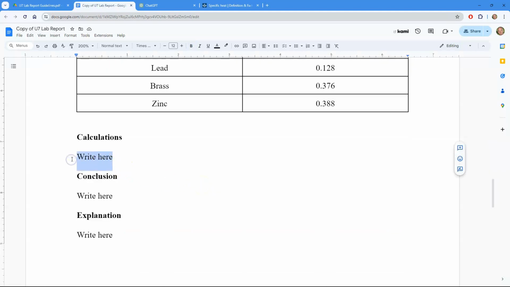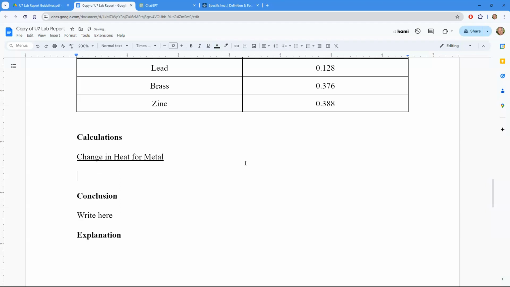Okay, so we have a lot going on here. So I'm going to create some subheadings for my calculations so that I can easily tell what's what. Okay, so within my calculation section, let's do it like this. I'm going to underline, and I'm going to do change in heat for metal. Okay, so I just underlined that.